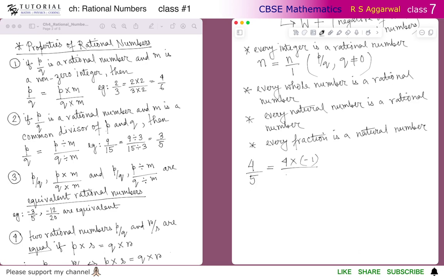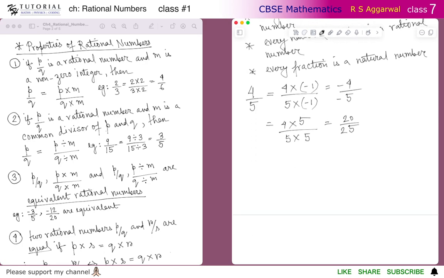Both the numerator and the denominator have to be multiplied by the same number. So, this is -4 by -5. They are same. Also, I can multiply both the numerator and the denominator by 5, and this becomes 20 by 25, and they are same.